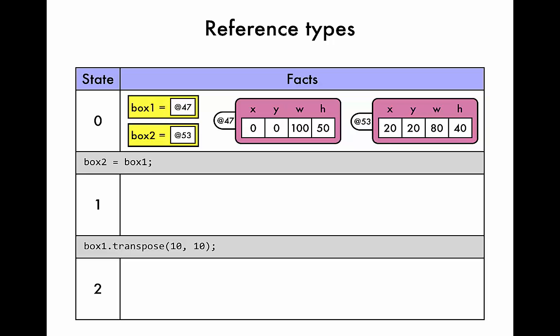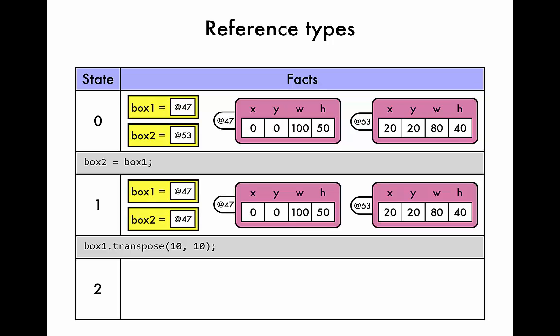The answer is that when you're making an assignment between reference types, the assignment affects only the reference, never the object. Therefore, the result of assigning box 1 to box 2 is that box 2 gets box 1's reference value, and nothing on the heap has changed.